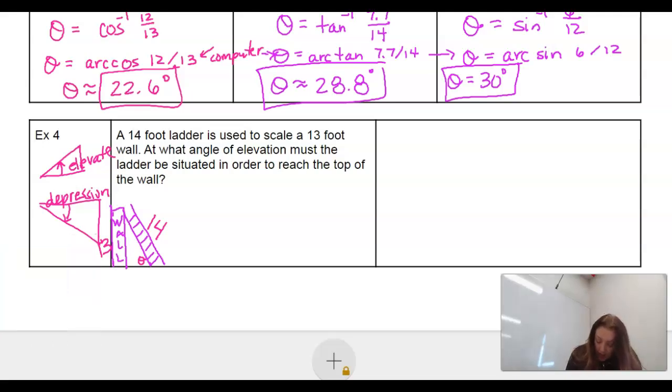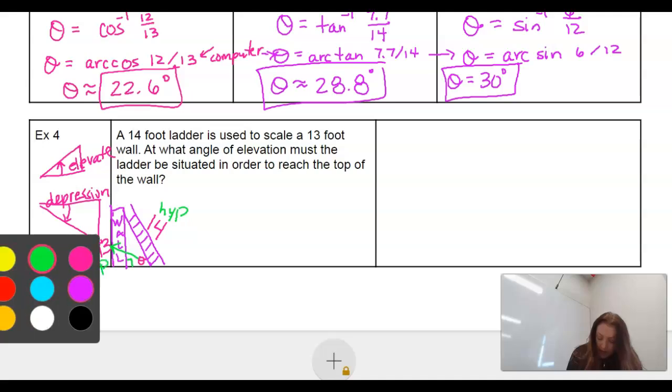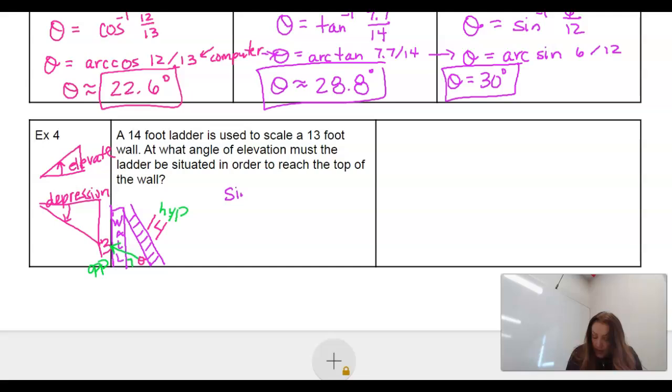So I look and I think if that's my angle, I know this is my right angle. So I've got hypotenuse, and this side is opposite. So opposite and hypotenuse, that's sine. So we get sine of our angle is equal to 13 over 14. So theta equals arc sine or inverse sine of 13 over 14.